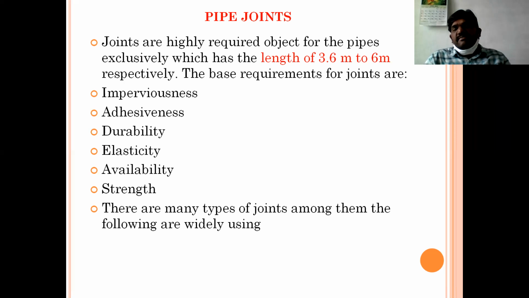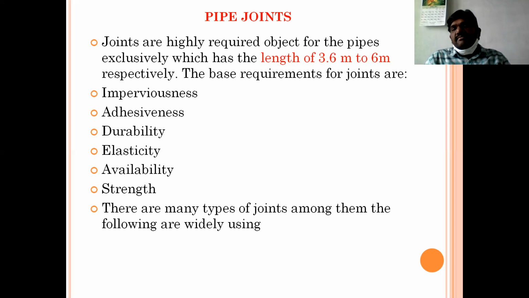Next one is availability. Durability is good, it has good adhesiveness, it is impervious in nature, but if it is not available, there is no use. That should be available easily, available in the market.